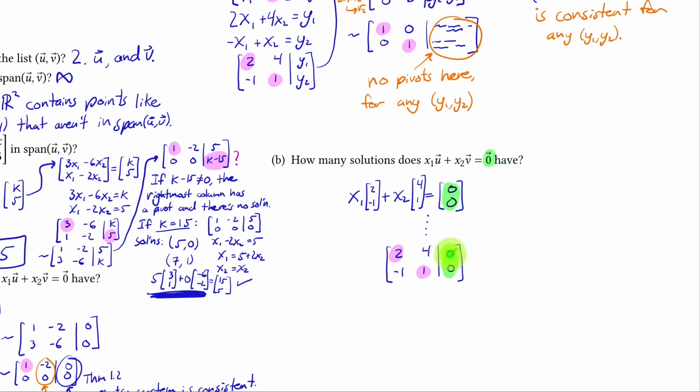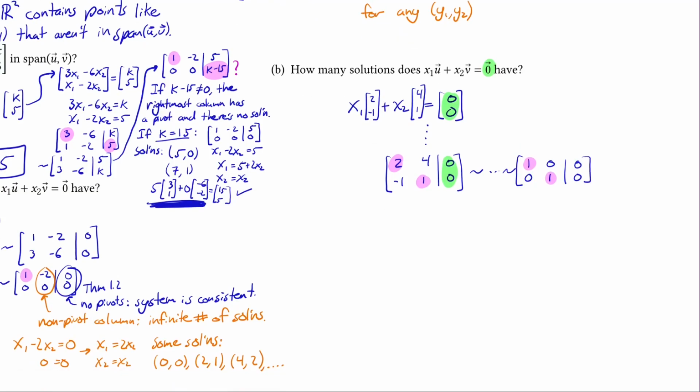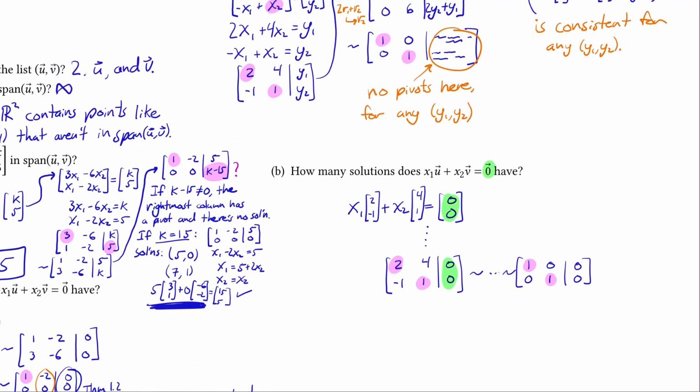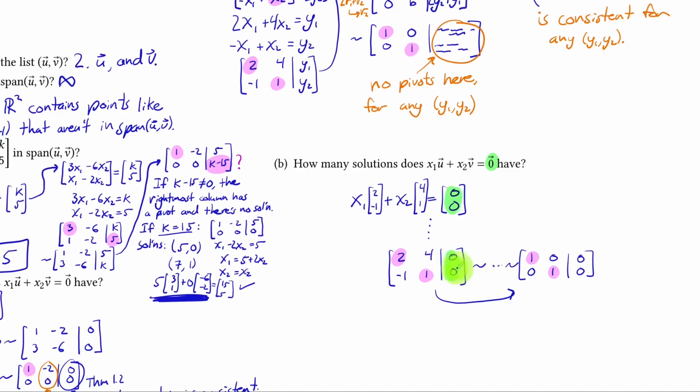And yeah, we already found where the pivots were because we can do some row operations to get that this is row equivalent to 1, 0, 0, 1. And so here are the pivots. And by the way, the row operations that we do to reduce this, we're just moving the zeros around or adding a multiple of 0 to another 0.